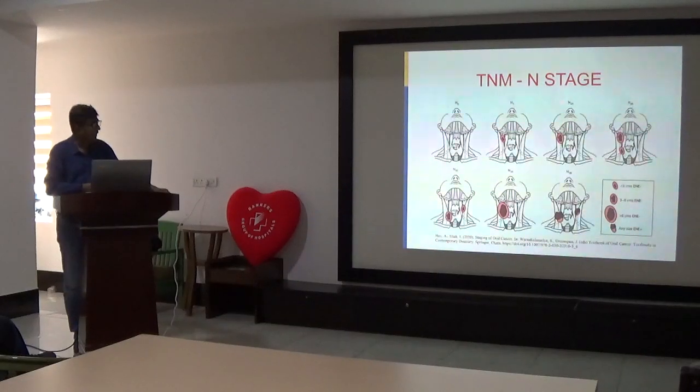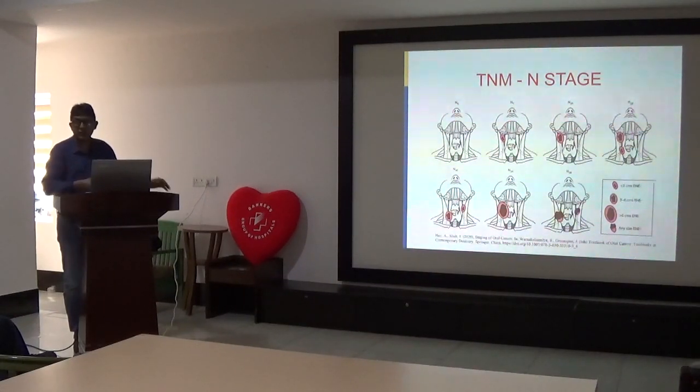N2 you have N2A, N2B, N2C. N2A is a node which is 3 to 6 cm in size without any extranodal extension. N2B is multiple nodes, but none of the nodes is more than 6 cm in size, all on the same side, the ipsilateral neck. N2C is a contralateral node also appearing.